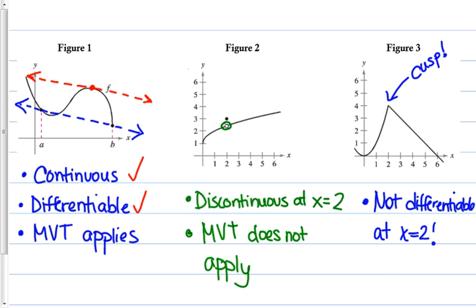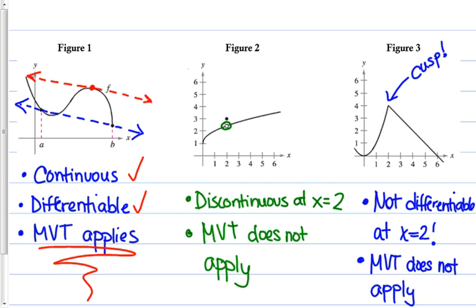And because of that reason, the mean value theorem is not going to apply. There will not be a c where the slope of the secant is the same as the slope of the tangent. And that's what it means for the mean value theorem to apply.